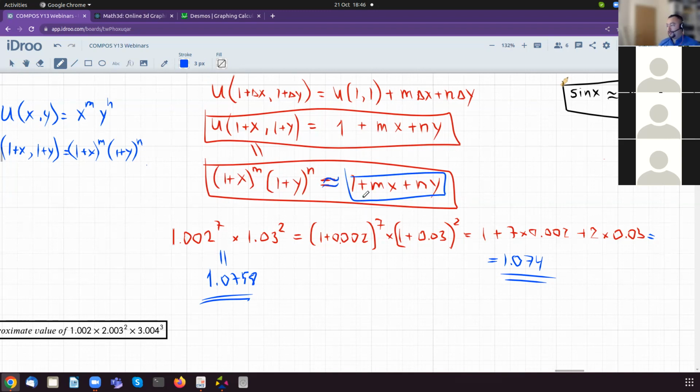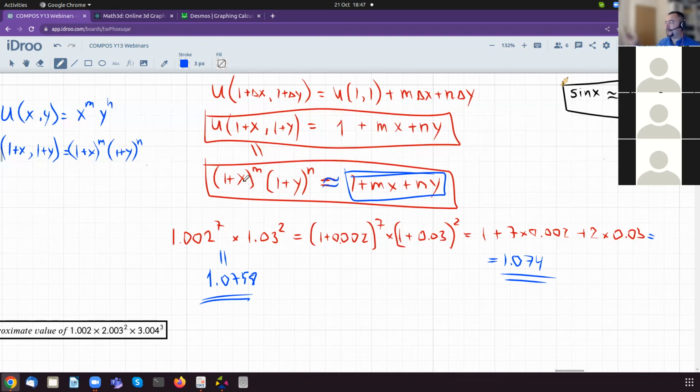Now, why would we use this approximation? Somebody tell me, why would we want to use this approximation? Why don't we use this thing? For faster computing, absolutely. 1 plus mx plus ny is way easier than 1 plus x to the power m.